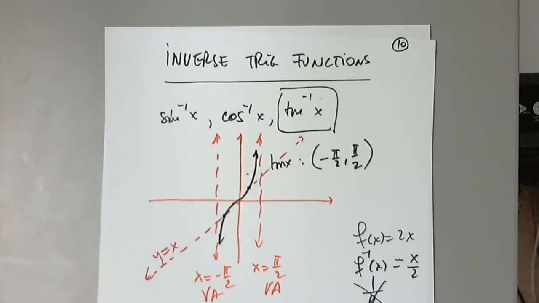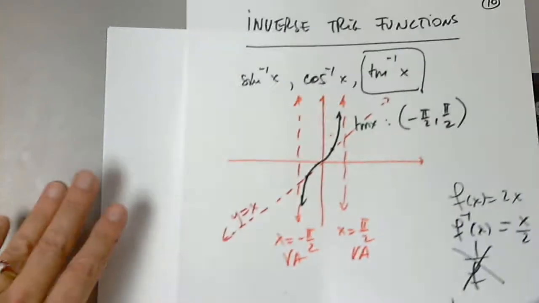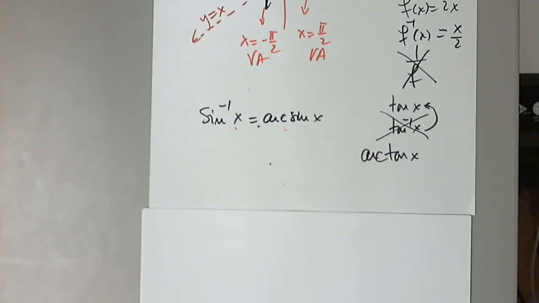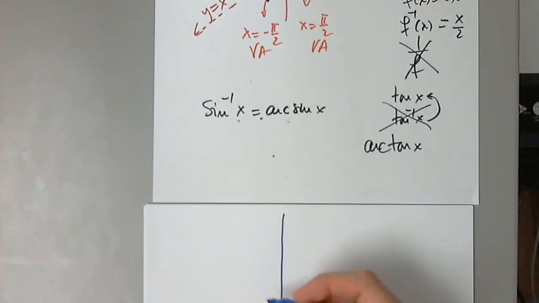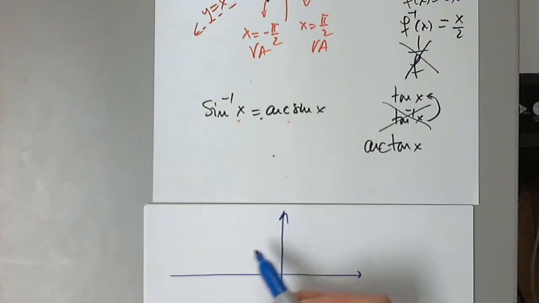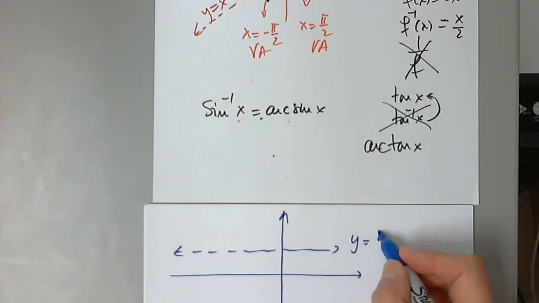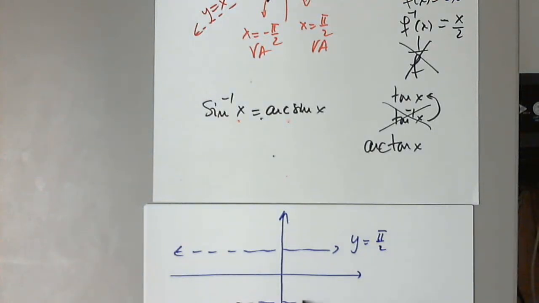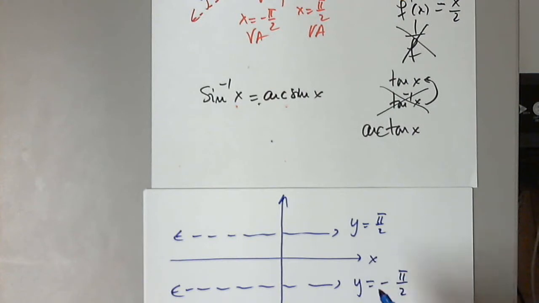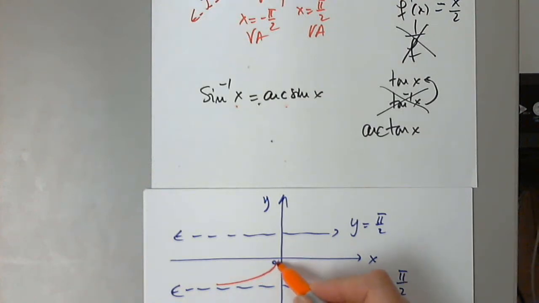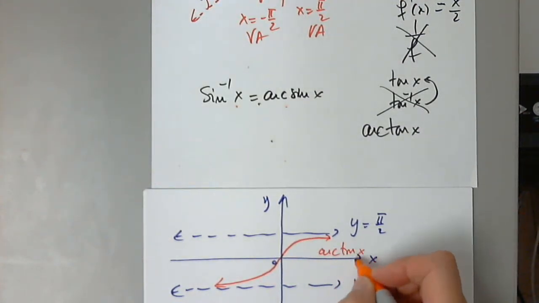So I normally avoid putting both on the same coordinate system, because I have to change the units. Now here we have y equals pi over 2, and y equals negative pi over 2, and this is the graph of arc tangent. So this is arc tangent x.